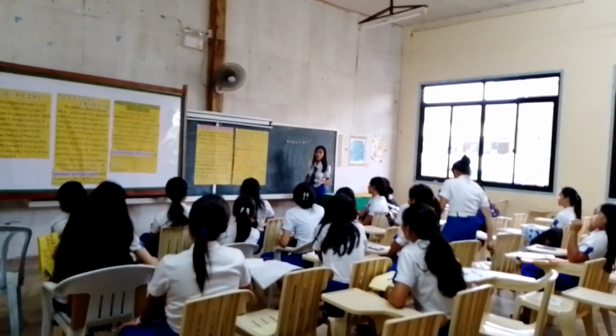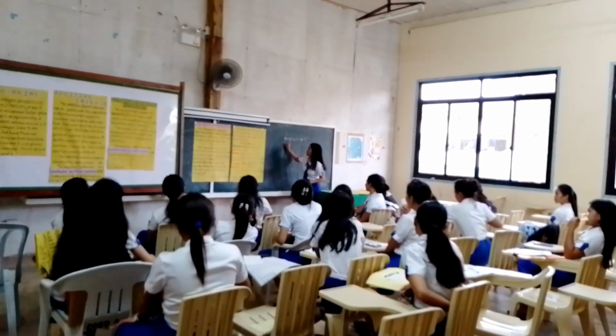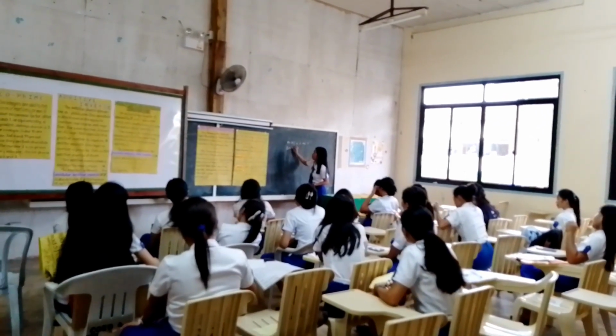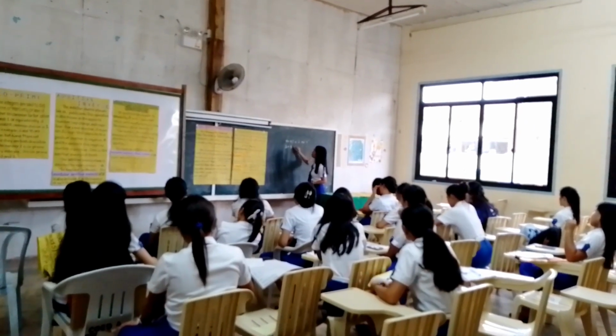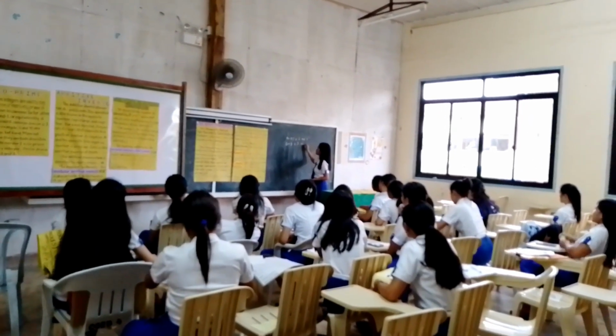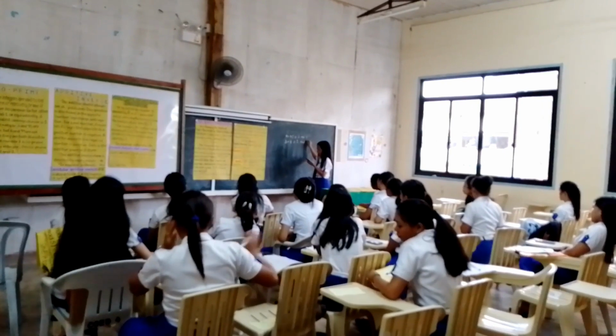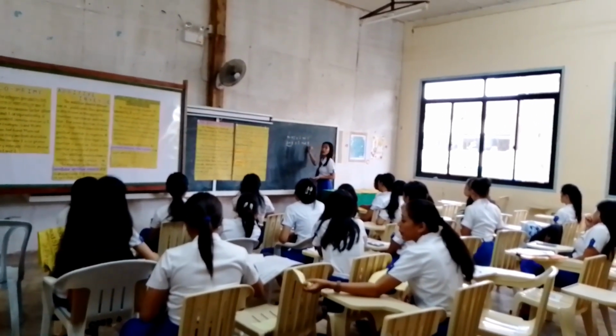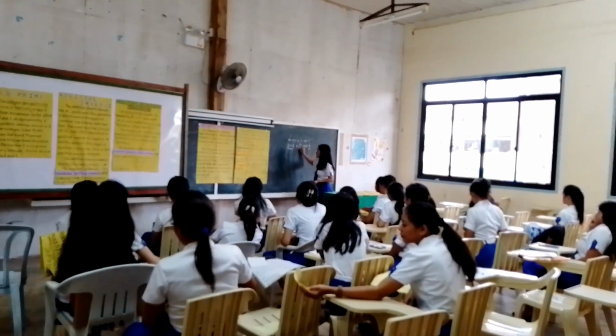So a is 3, the multiplicative inverse of 3 is 4, and in modulo, n is 11. The product divided by n leaves a remainder of 1.